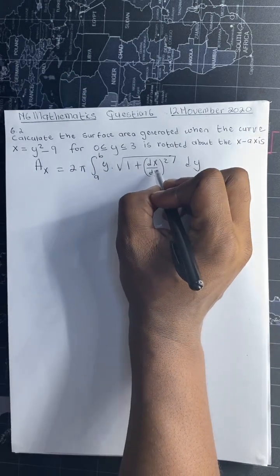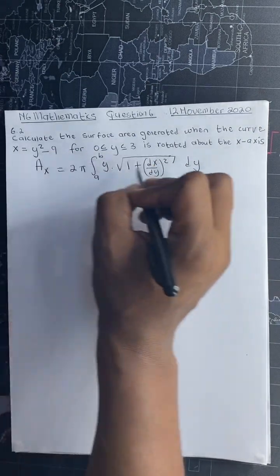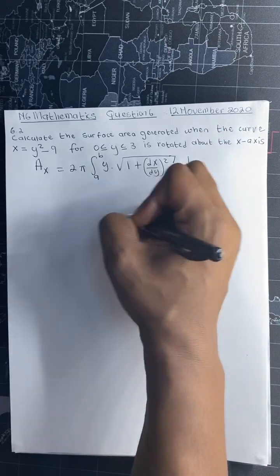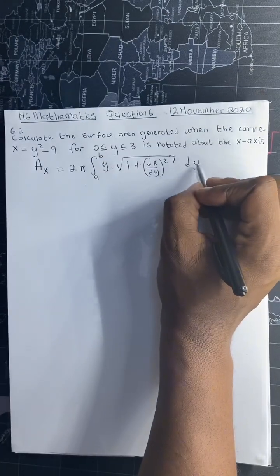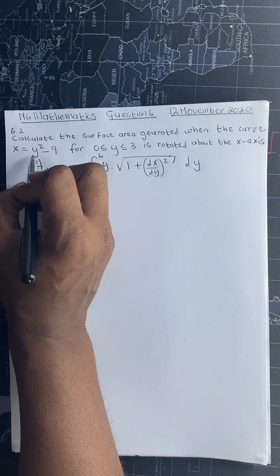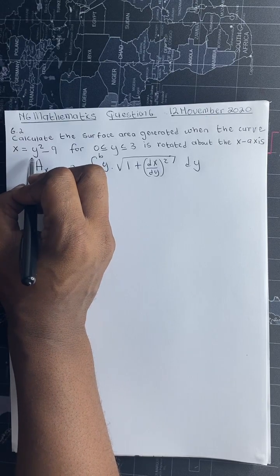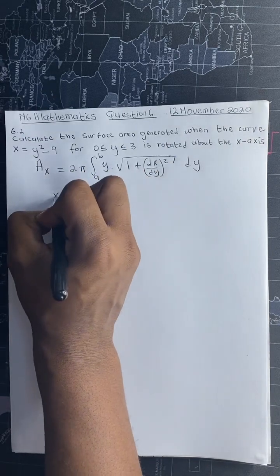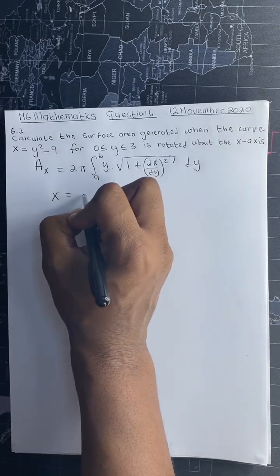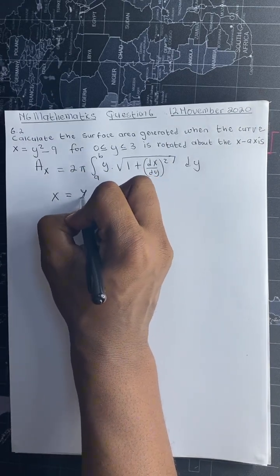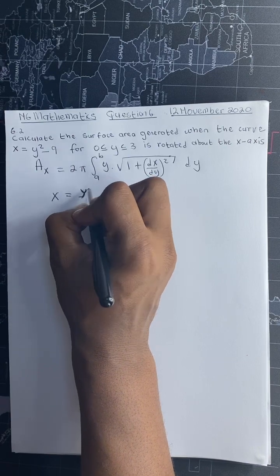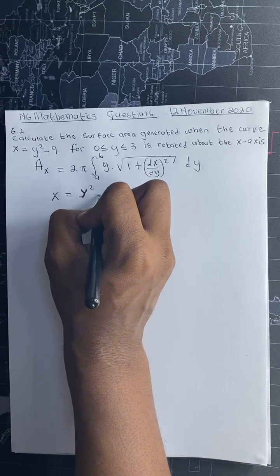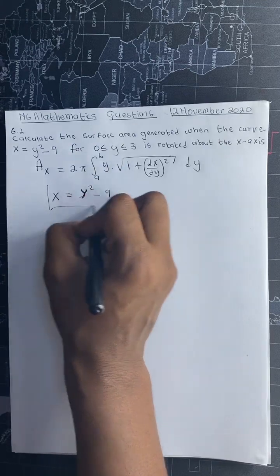So we have to differentiate the x with respect to y. If you want to change this so that you can use dy over dx, you have to make y the subject of the formula. So that's going to be a lot of work. So let's just stick to this one. So we have to find dx over dy of x is equal to y squared minus 9.